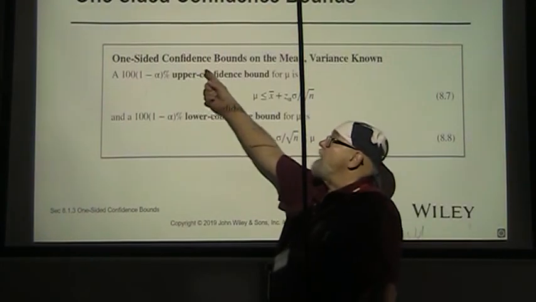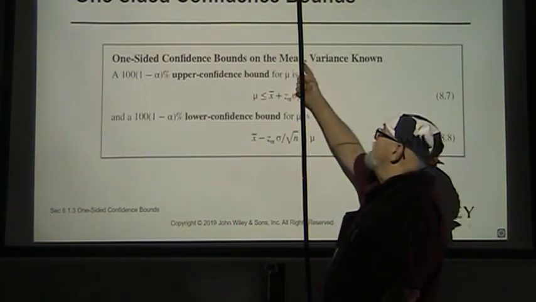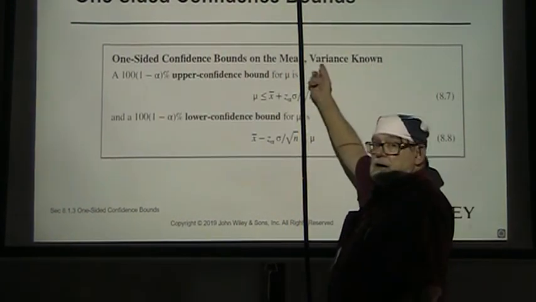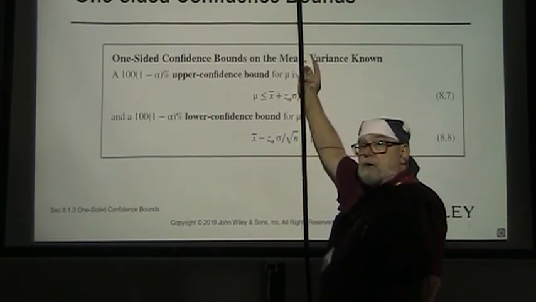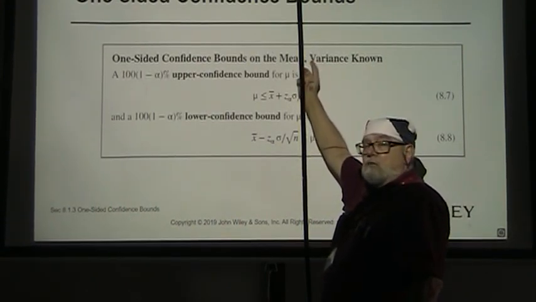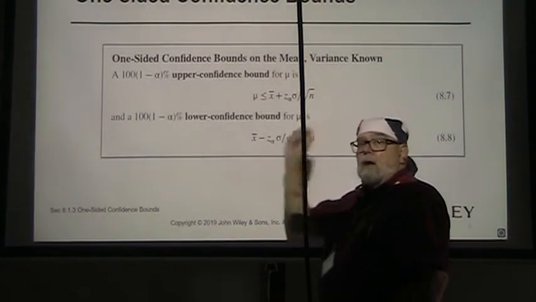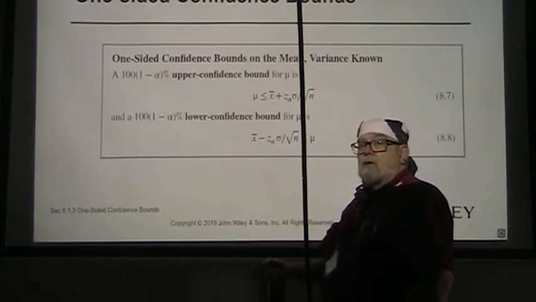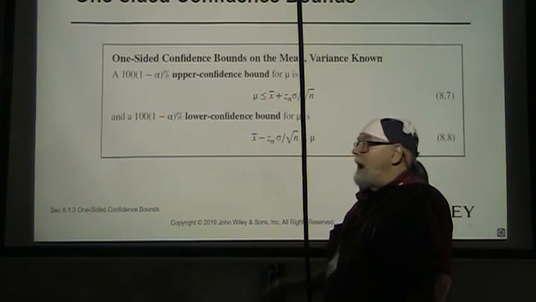So, a one-sided confidence bound on the mean with the variance known. Variance known is very important. When we get to variance unknown, you're going to see why.